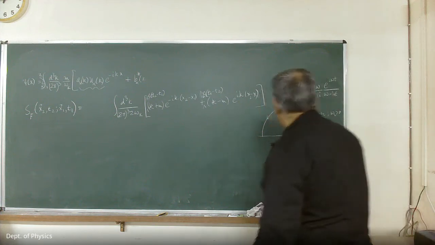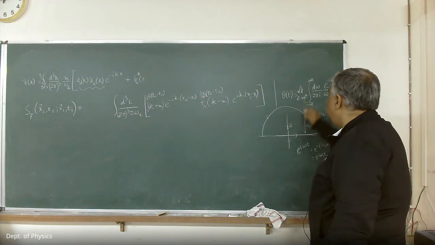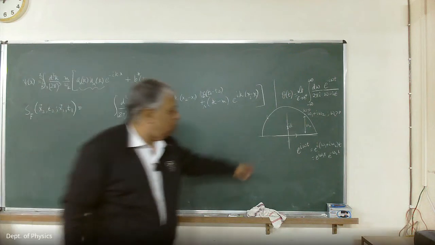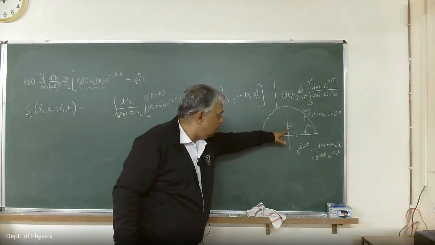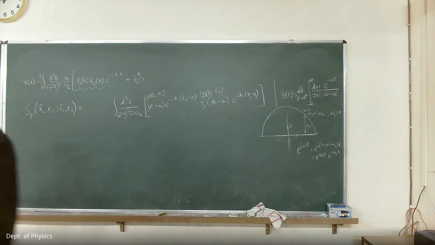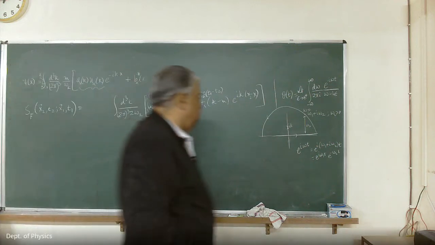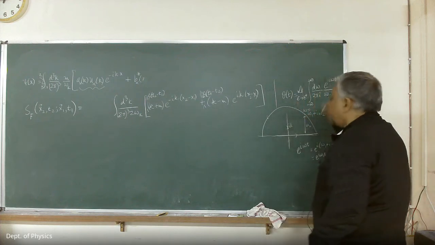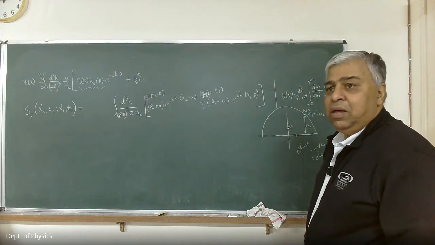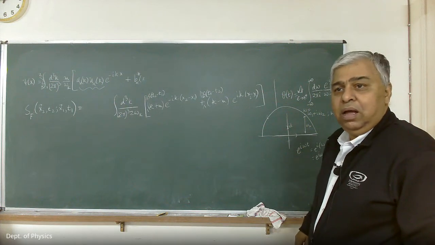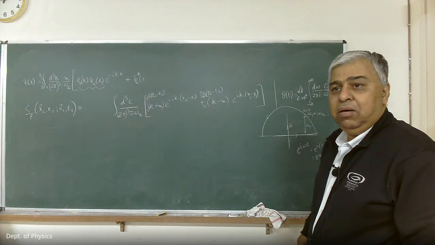Eventually I will take the limit epsilon going to 0 plus, which means epsilon goes to 0 from positive values, not from negative values. That I'll do eventually. But for the time being, you just calculate. It is a matter of simple exercise. You have done your complex analysis in BSc, I think. BSc, no? Let's say fast.